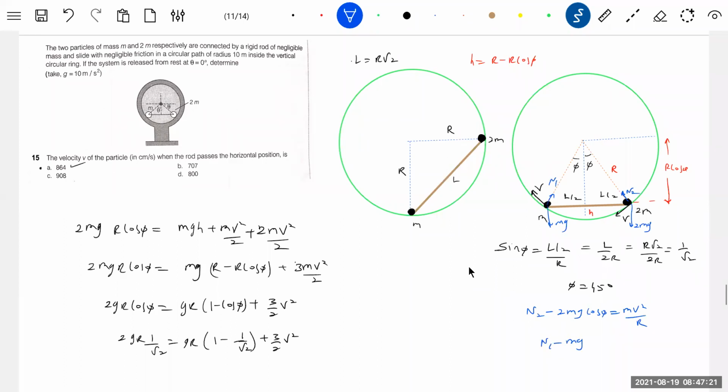N1 minus mg cos phi. They will have the same normal contact. Check it, N1 and N2. They may ask you all these things: find the normal contact, everything. Or they'll ask you to find the tangential acceleration and centripetal acceleration of the particles here.